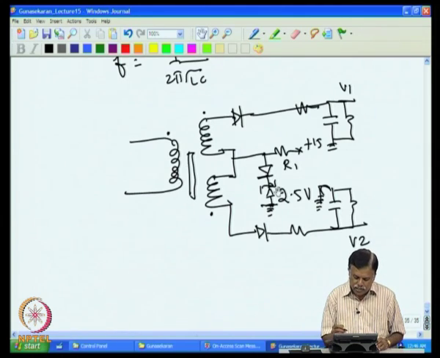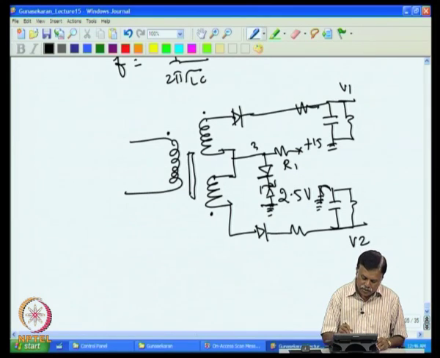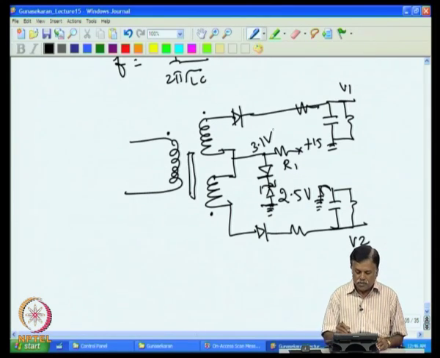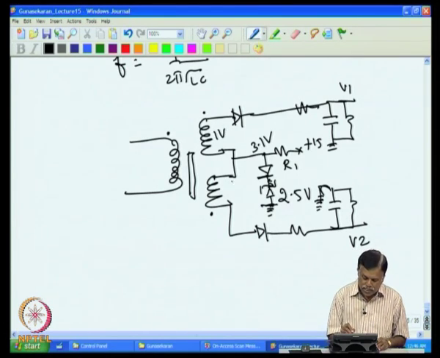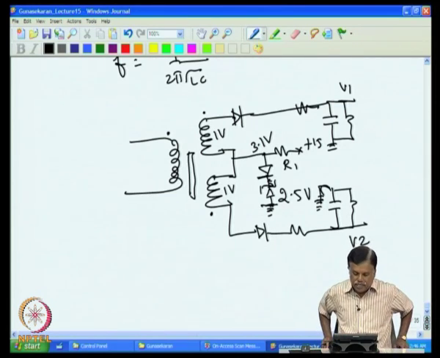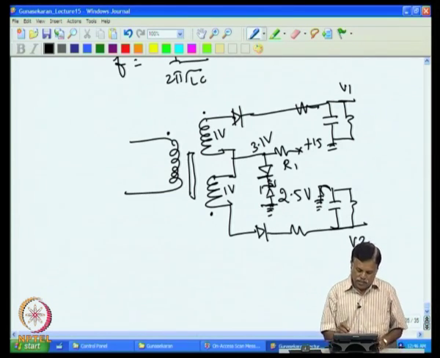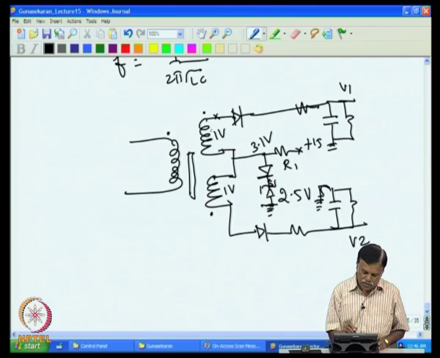So, for example, this is actually 2.5 volt at room temperature, then you will find that this is sitting at 3.1 volt, because this is 2.5 here and 0.6 volt, and this will be 3.1. If this is 1 volt AC, this is also 1 volt AC peak, then you will get at this point 3.1, at the positive side this will go to 3.1 plus 1, 4.1 volt.